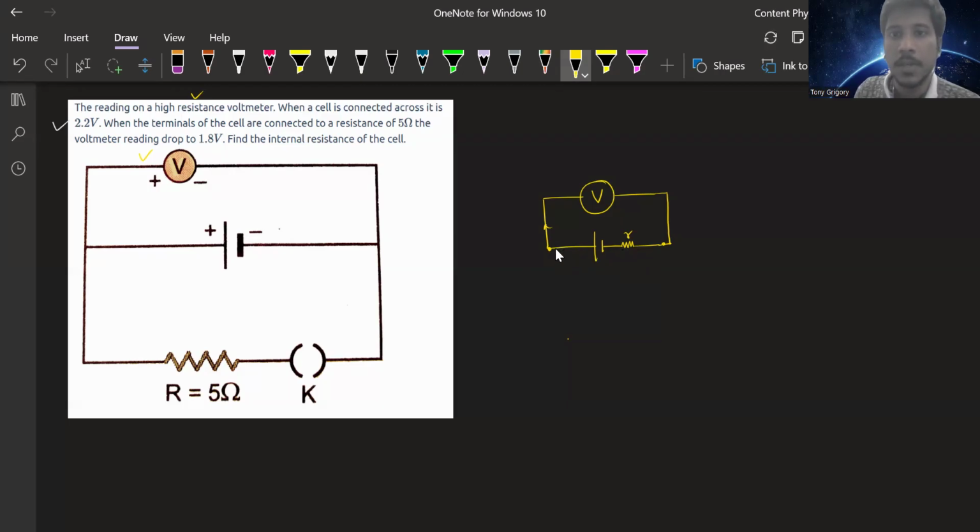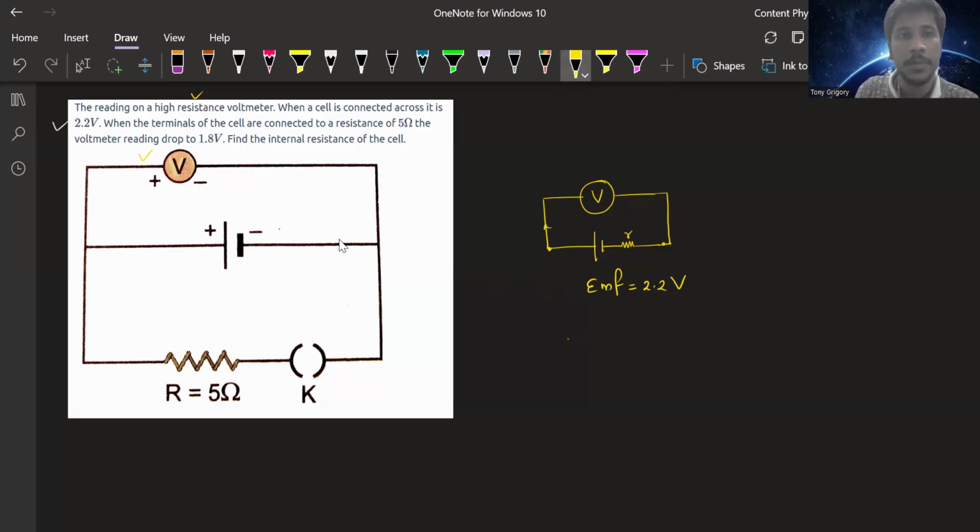Since there is negligible current drawn from the cell when the high resistance voltmeter is connected, we can assume the voltmeter reading will be equal to the EMF of the cell approximately. So the EMF of the cell will be equal to 2.2 volt.